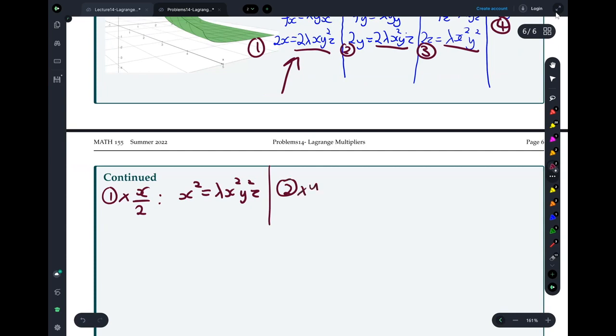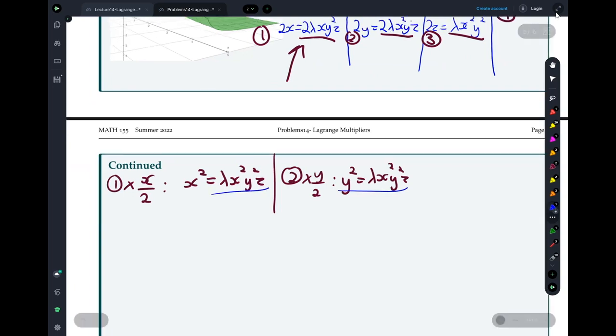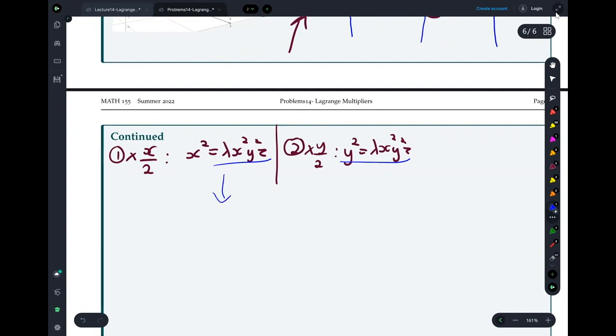We're going to multiply that by y over 2. Now we're going to have y squared is equal to lambda x squared y squared z. Notice now we've got the same thing. This here is equal to this. So that means we're going to be able to equate these two things. So let's do that step first. If we equate these two things here, we're going to get x squared is equal to y squared.